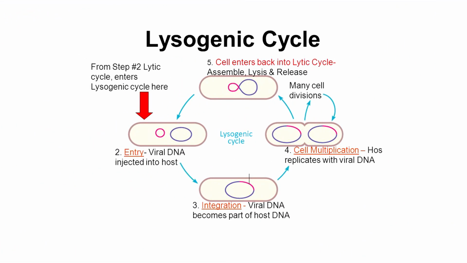or alternatively, they can enter the lysogenic pathway, during which the phage chromosome is integrated into the bacterial chromosome, where it can remain dormant for thousands of generations and replicate like any other segment of the host chromosome.